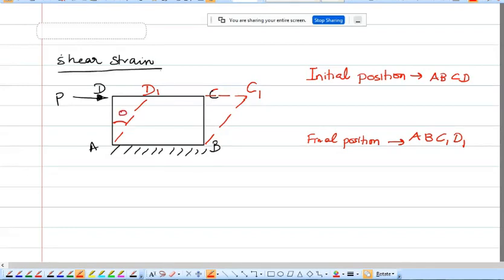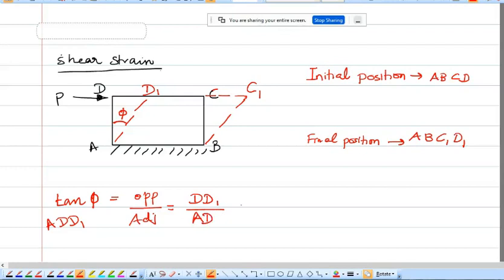You call this angle as phi. So what happens to tan phi? Tan phi is equal to opposite side by adjacent side. So what is your opposite side in the triangle ADD1? The opposite side is DD1 divided by the adjacent side AD.